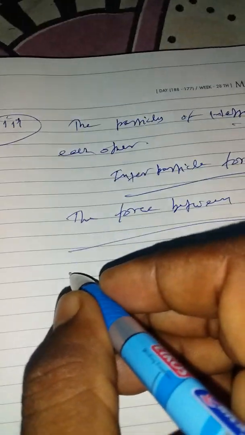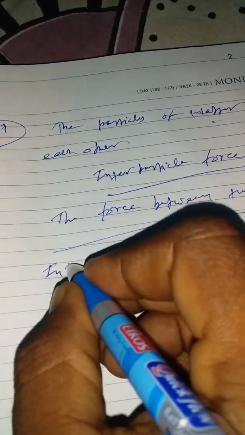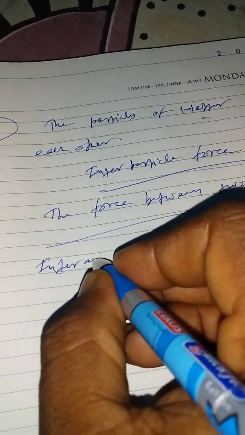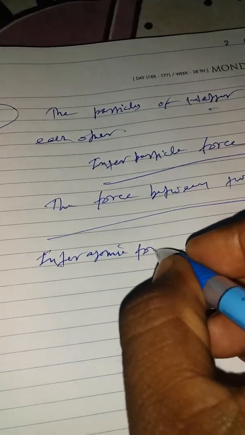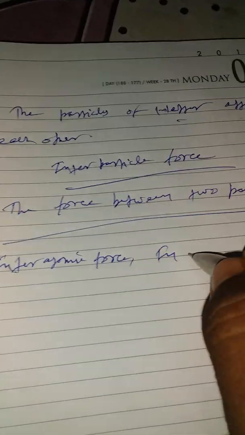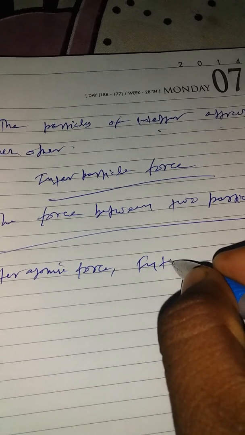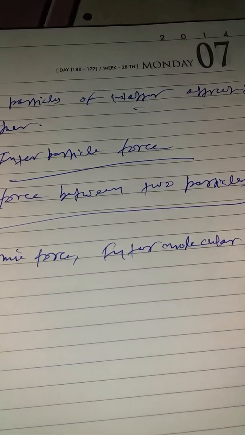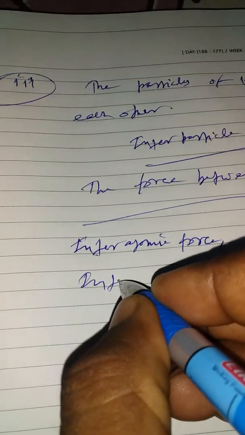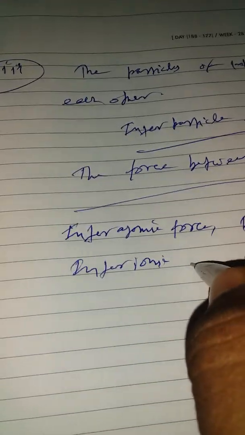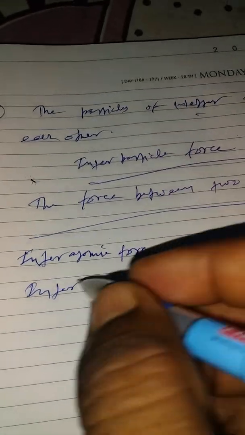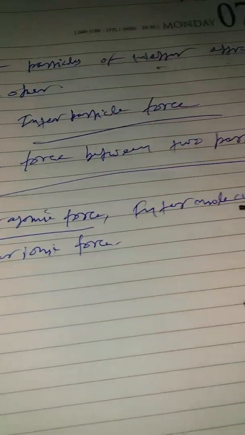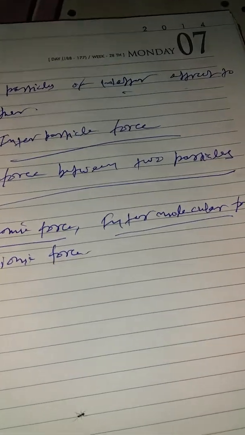That's why we use the terms interatomic force, intermolecular force, and interionic force. Interatomic force is the force between two atoms, intermolecular force is the force between two molecules, and interionic force is the force between two ions.